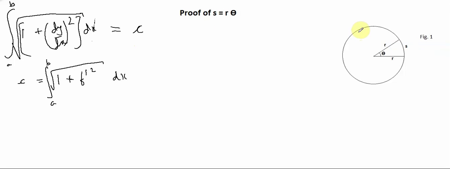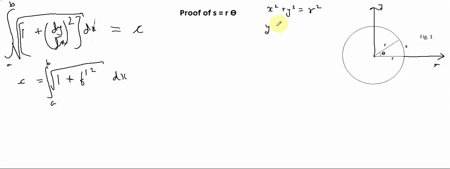Now a circle, if you draw the x and y axis, let this be the y axis and let this be the x axis. x, y. So what is our function going to be? Our function, as you must be knowing, the equation for this circle is x square plus y square is equal to r square.